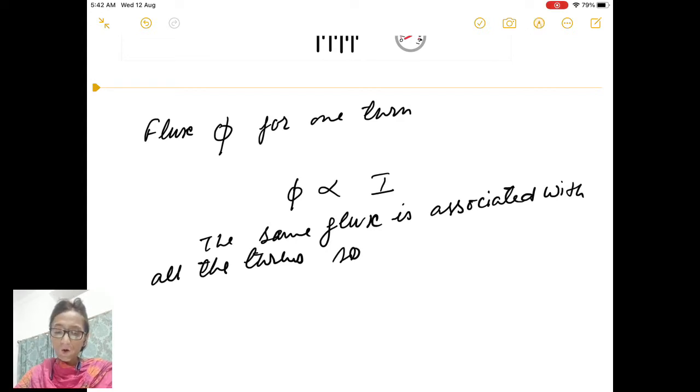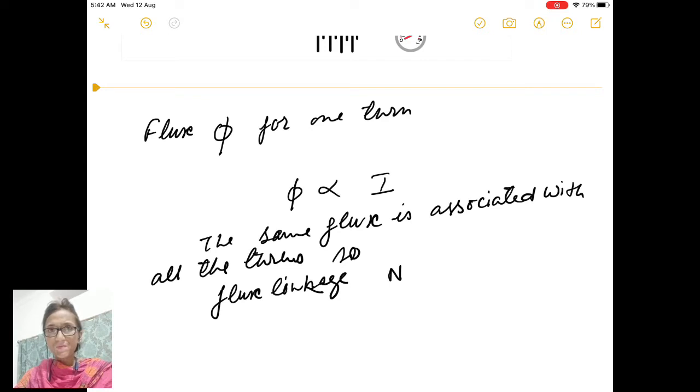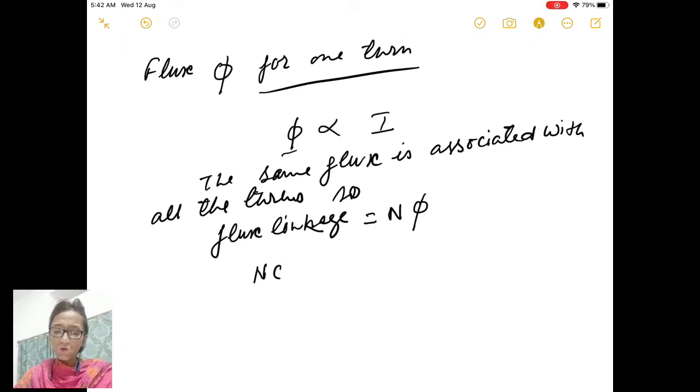So a quantity called flux linkage, which is equal to the total flux through a single turn multiplied by all the turns, this is your total flux called flux linkage. This must also be proportional to the current flowing through the solenoid.